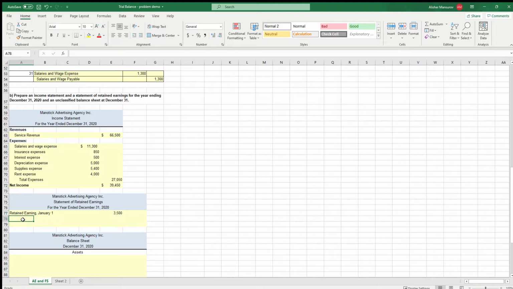We need to add the net income for the year to come up with the closing balance for retained earnings.